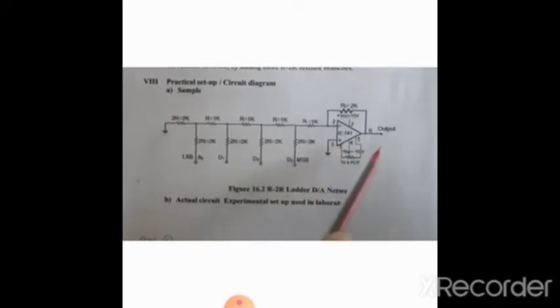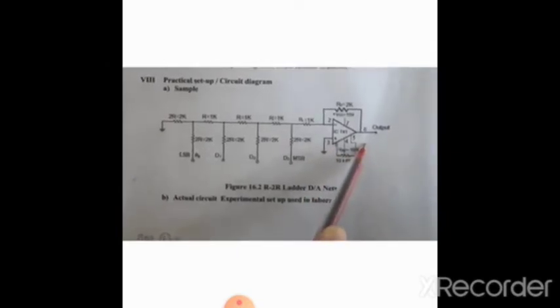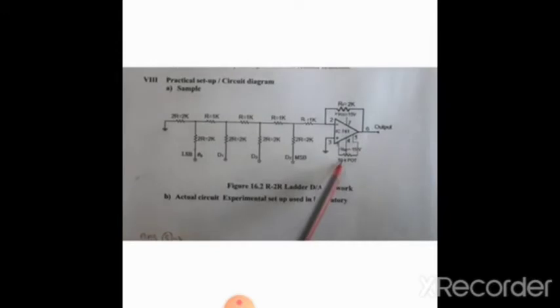Pin number 1 and pin number 5 are connected with a potentiometer of 10 kilo ohm. A potentiometer is nothing but a variable resistor. It has three terminals. One terminal is connected to pin number 1, the second terminal is connected to pin number 5, and the center terminal is connected to pin number 4.